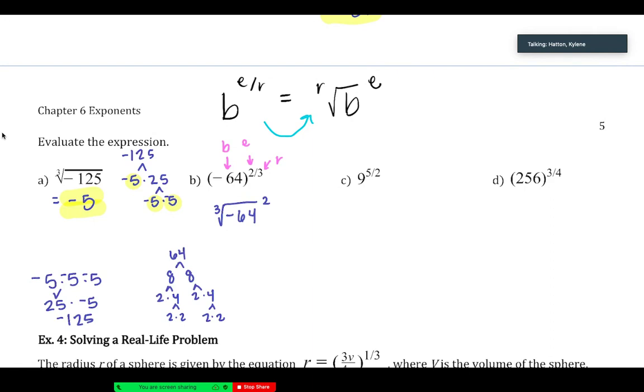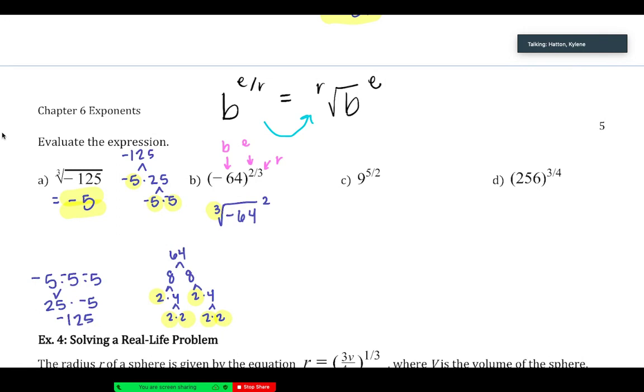When we look at a factor tree, we usually use what are called the leaves, the end of it, so the 2, 2, 2, 2, 2, 2. What's tricky here is I am taking the third root of something, so that usually makes me want to look for any number that I have 3 of. But you can see I have 1, 2, 3, 4, 5, 6 twos.